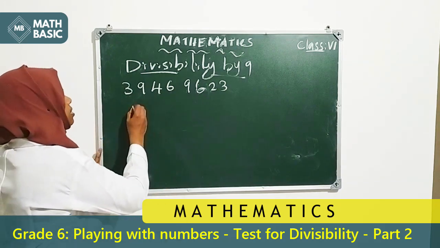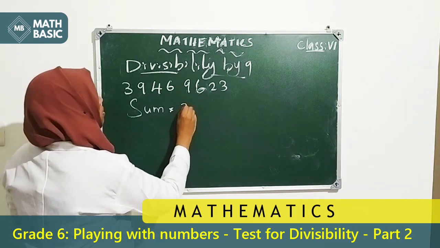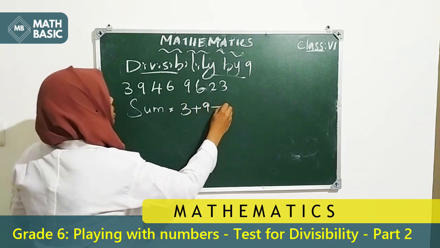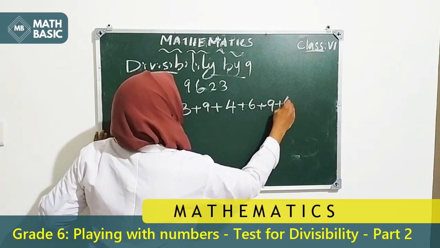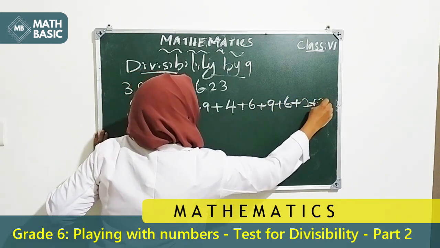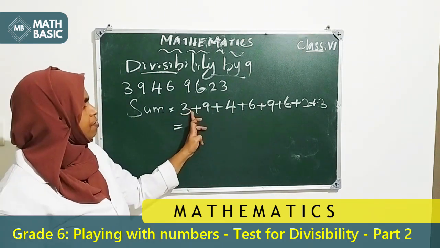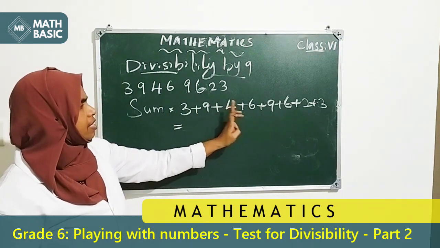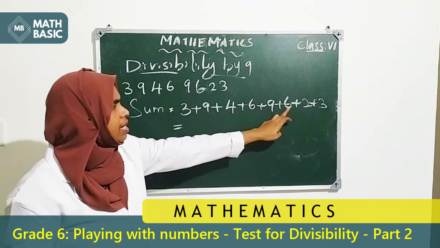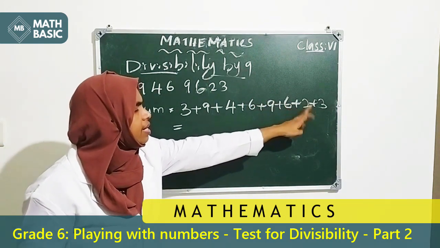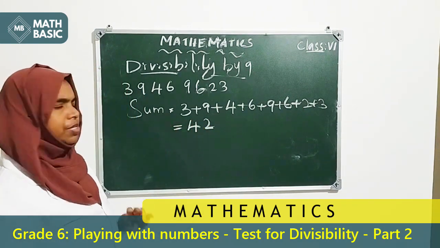See the sum of the digits. Sum equals 3 plus 9 plus 4 plus 6 plus 9 plus 6 plus 2 plus 3. Add these numbers: 12, 16, 22, 31, 37, 39, then 42. The sum is 42.